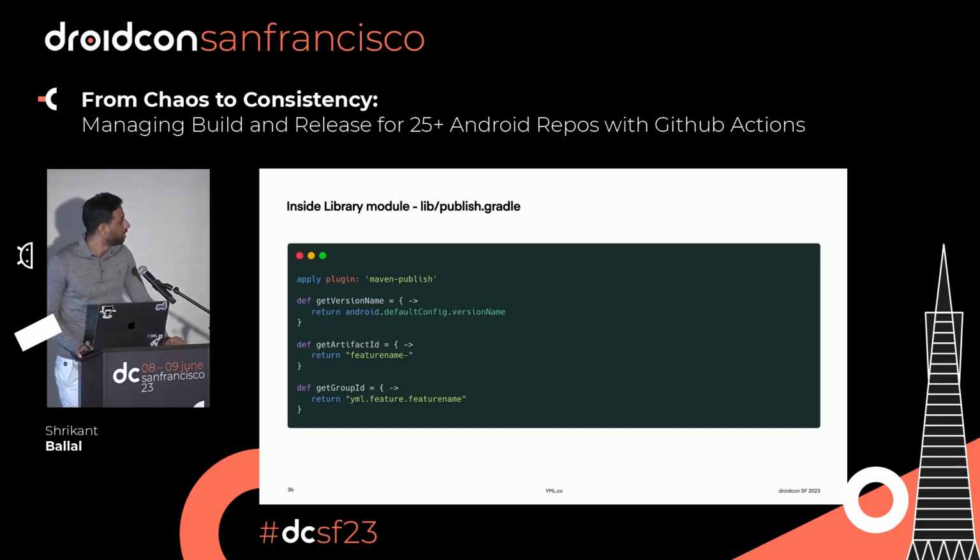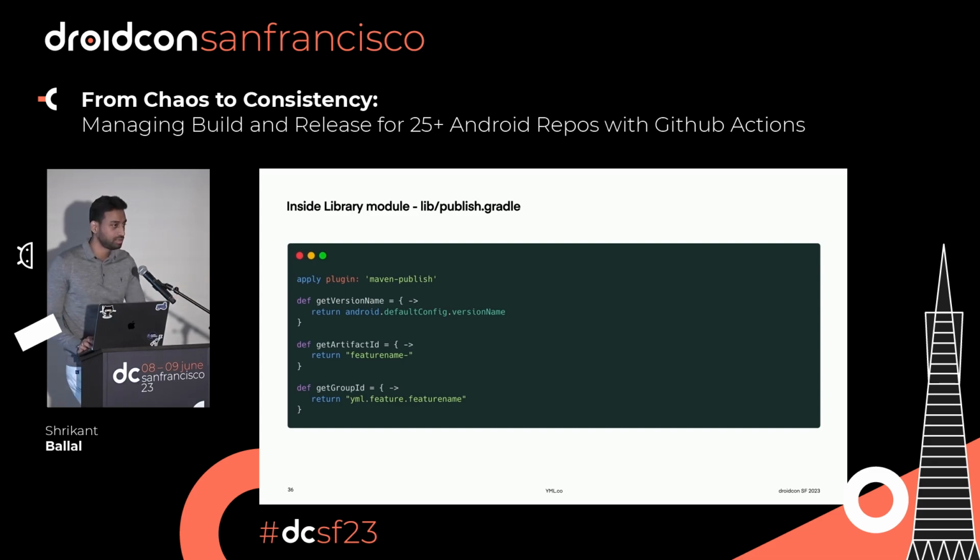Here, in the library repository, we create a new file called publish.gradle. There you apply the plugin called Maven Publish. I have provided three properties: getVersionName, getArtifactId, and getGroupId.